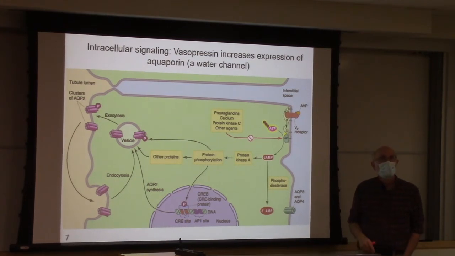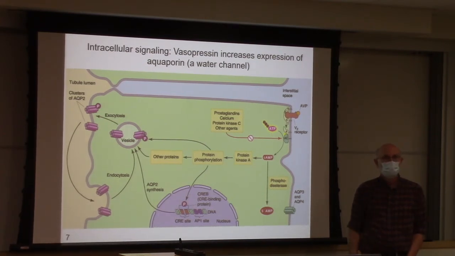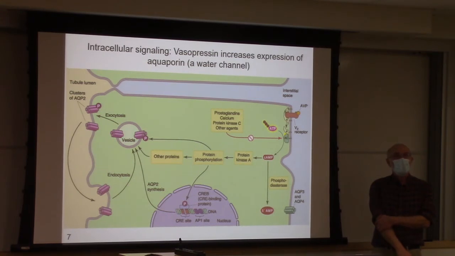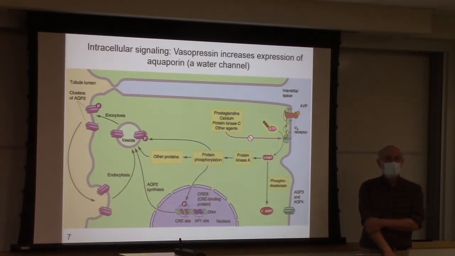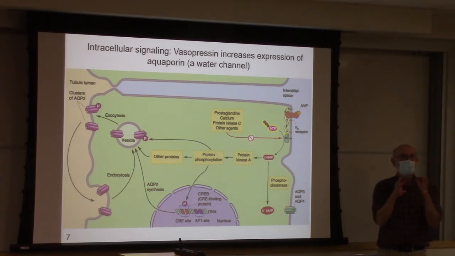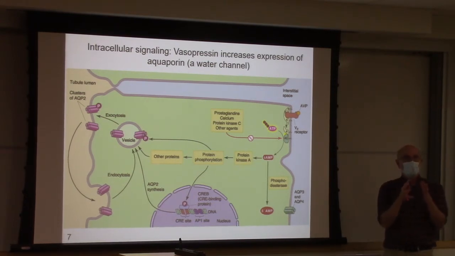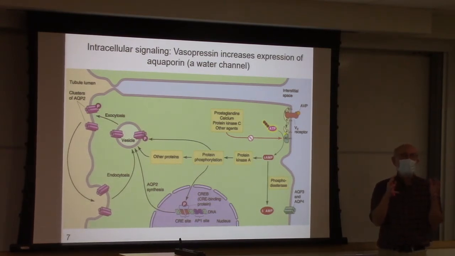How does the body detect when to release the vasopressin? There are cells in the hypothalamus called osmoreceptors. They basically have stretch-activated channels. When those osmoreceptors are in a dilute fluid, they stretch a little bit, and that shuts off the secretion of vasopressin.